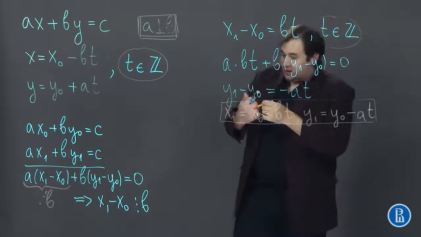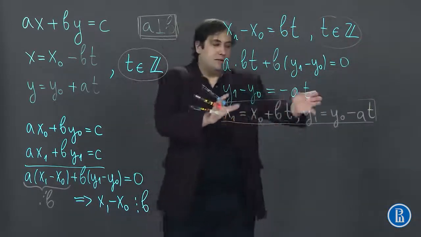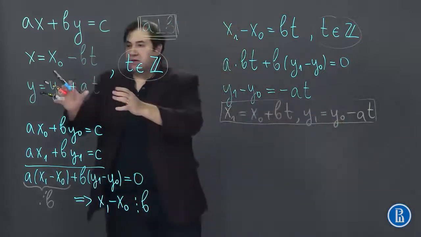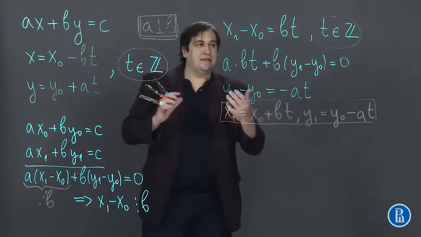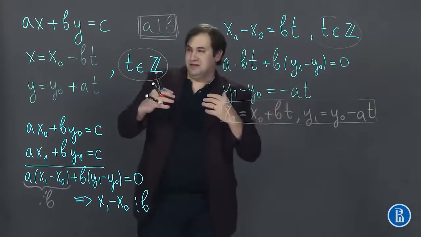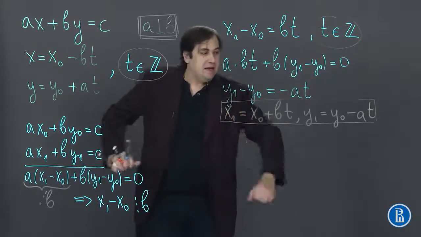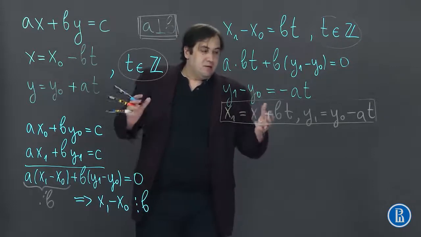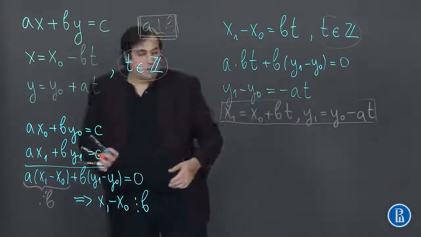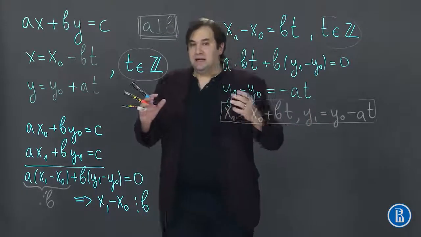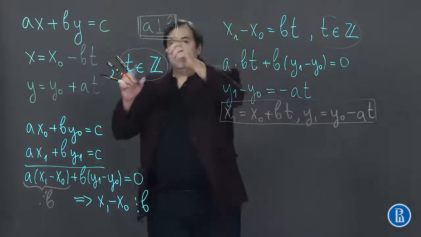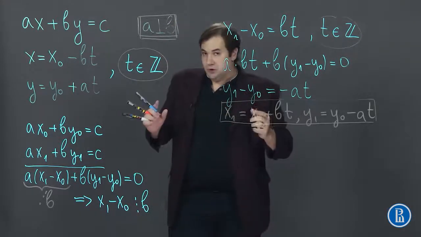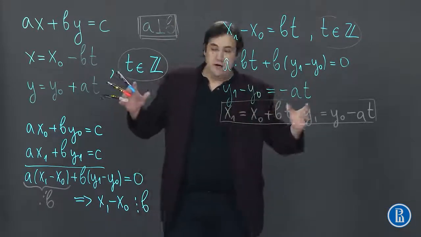So we can obtain one pair of formulas from another by substituting t with minus t. And since t is an integer, it doesn't change anything. So you can write it this way, or you can write it this way. It really doesn't matter. What matters is that a and b should be really mutually prime in order for this formula to hold.